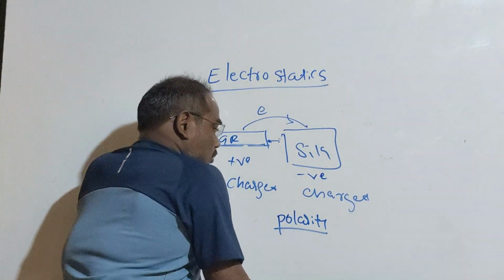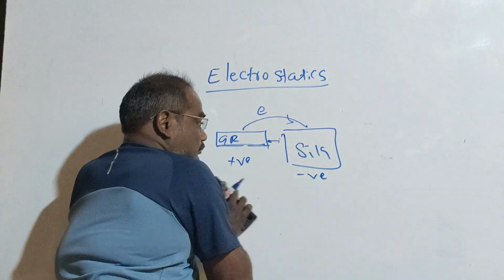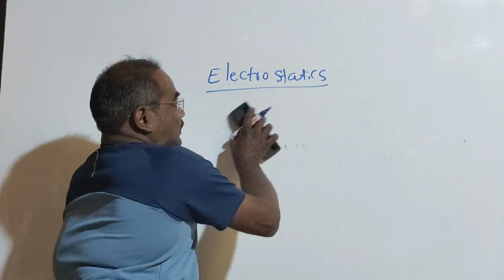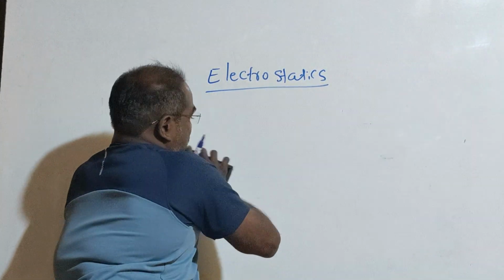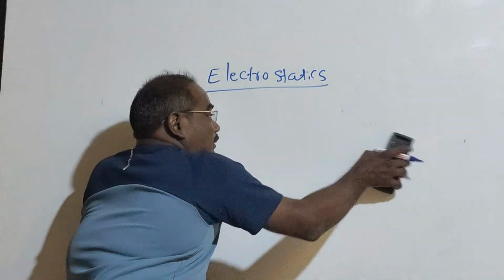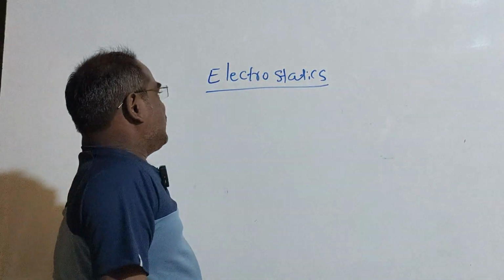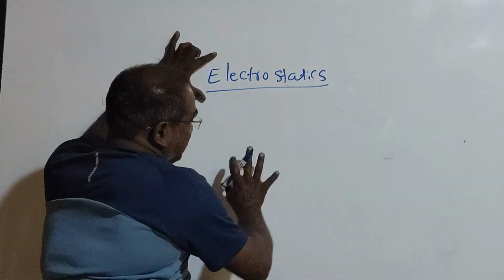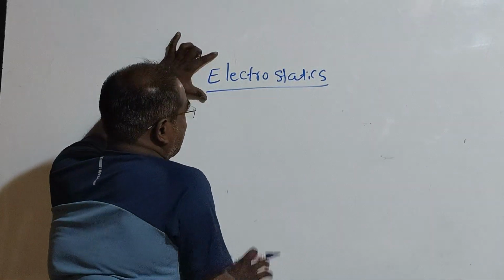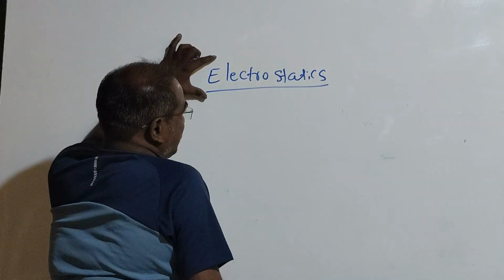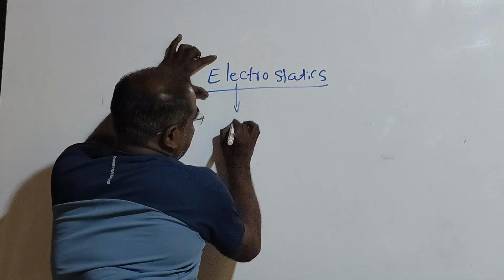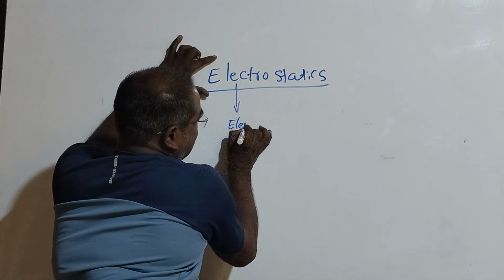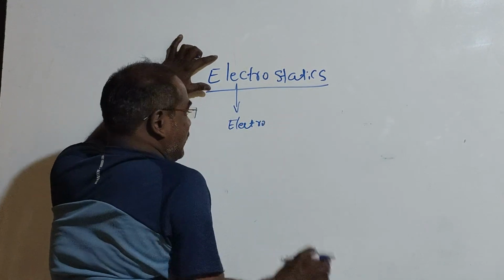Okay, so now there are types of charges. See, with this experiment, what we come to know is what electrostatic is. This electro means electron, something related to charge.